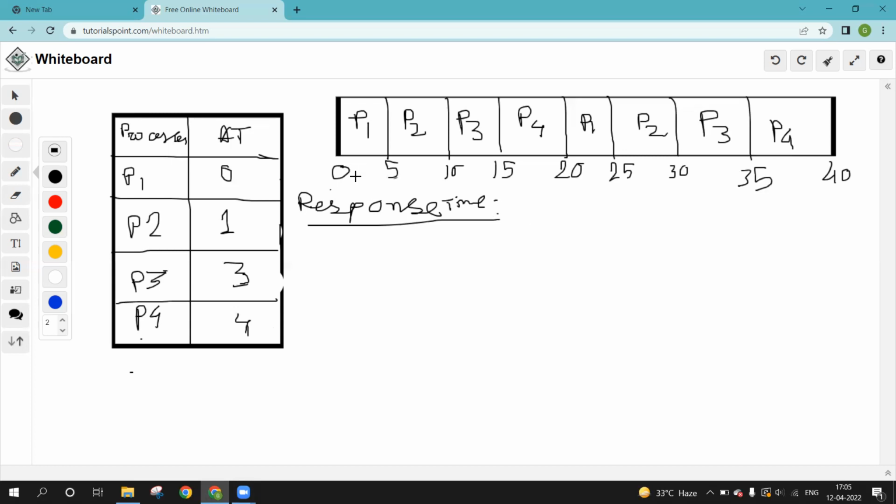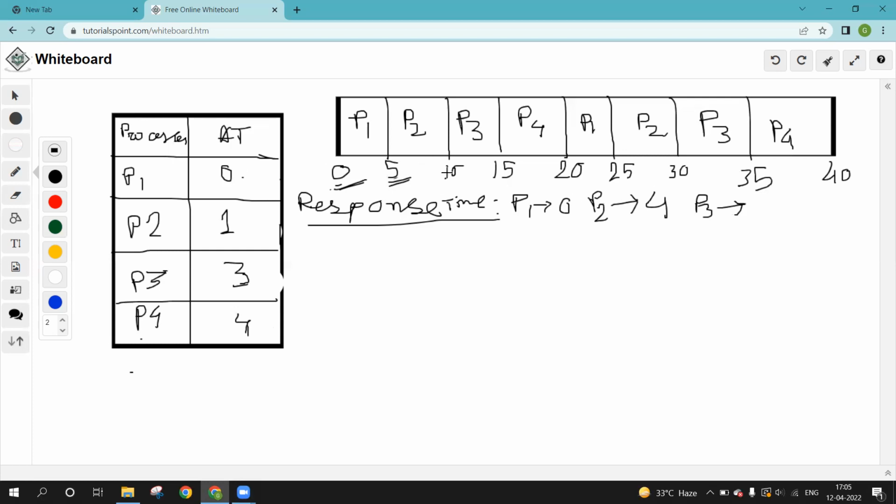And what is the first waiting time? First waiting time means the first start execution time minus the arrival time. The first execution time for P1 is 0, and the arrival time for P1 is 0, so 0 minus 0 is 0. For P2, the first execution start time is 5, and the arrival time is 1, so 5 minus 1 is 4.